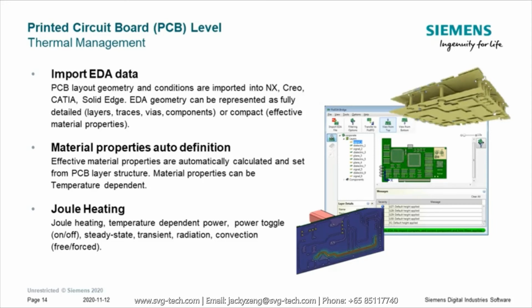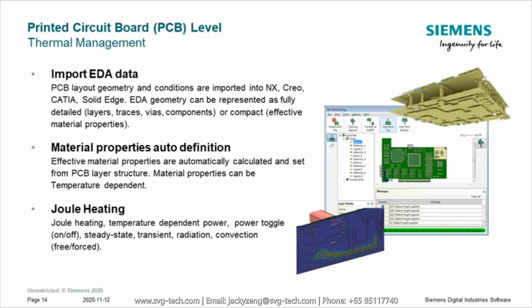As you move to the board level, certainly things like the EDA Bridge, which Adil showed in his example, is a really powerful tool. It lets you take EDA data and, in the most efficient way, have a representation of that board in your thermal model, depending on the level of detail you need, whether you're down at the board level versus at a system level.